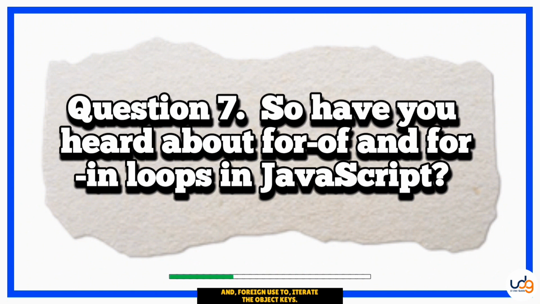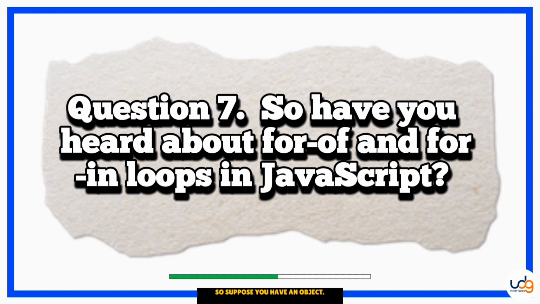And for in is used to iterate the object keys. When we have to iterate the keys of an object, we use for in. It takes each key and iterates it one by one, and we can use them.